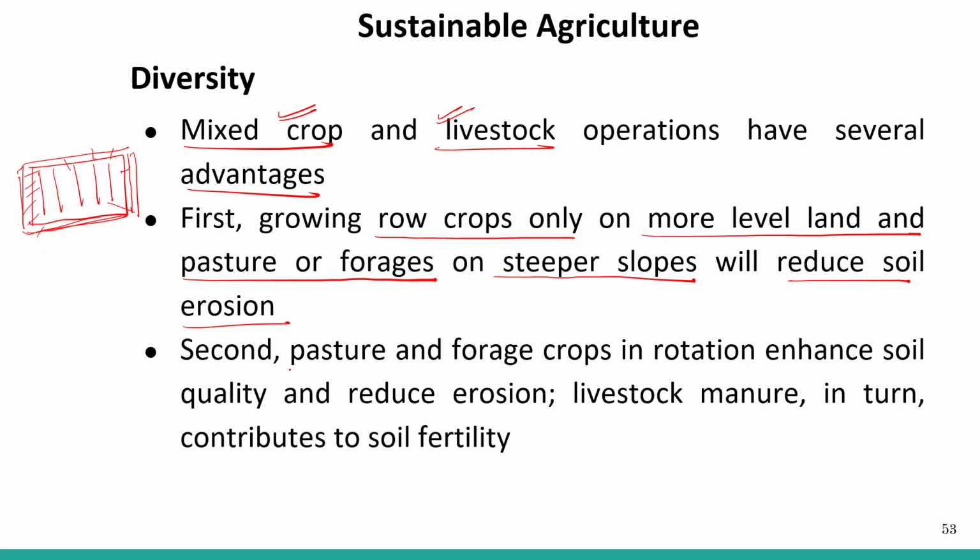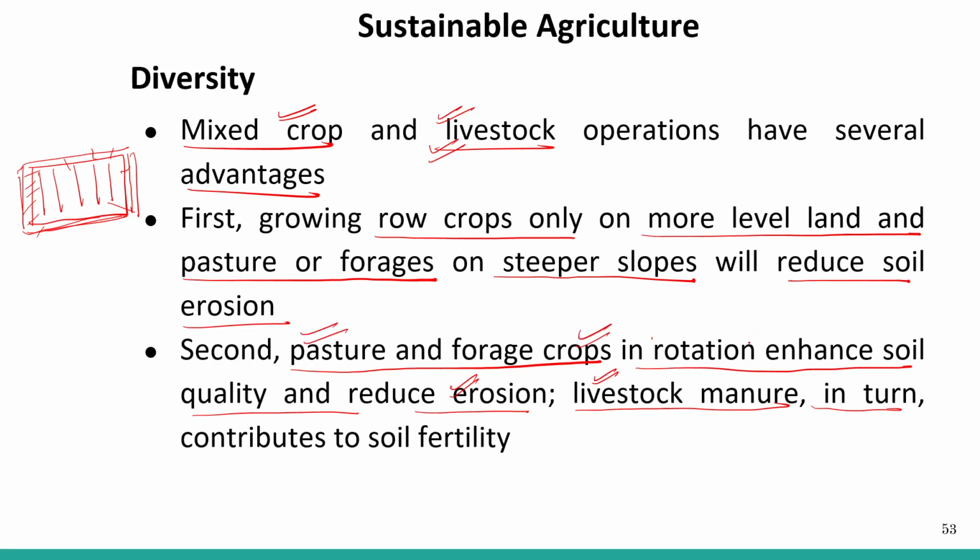Second, pasture and forage crops in rotation enhance the soil quality and reduce erosion. Livestock manure in turn contributes to soil fertility. So you have the livestock also, and you are getting the livestock manure. You can control the erosion of the soil because you have two types of crop, pasture and forage crop.